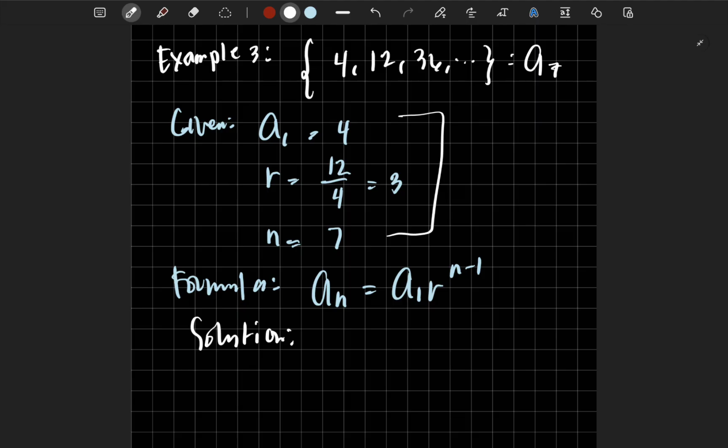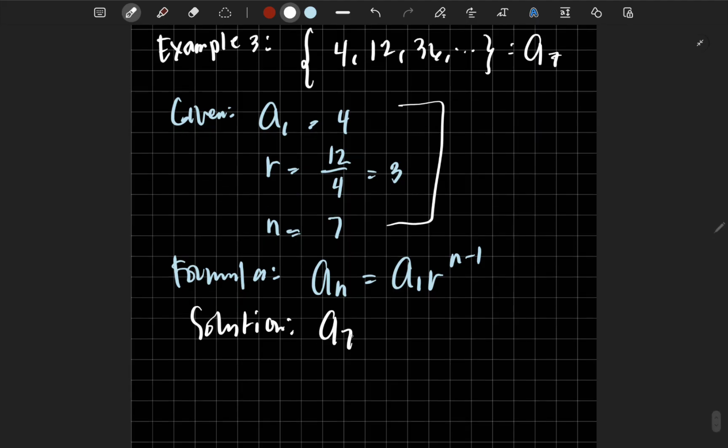So a sub 7 is equal to the first term, which is 4, times the common ratio of 3 raised to 7 minus 1. 7 minus 1 is 6, and 3 raised to 6 is 729.